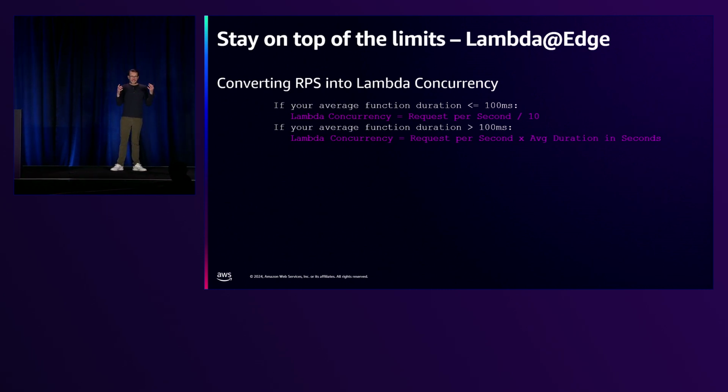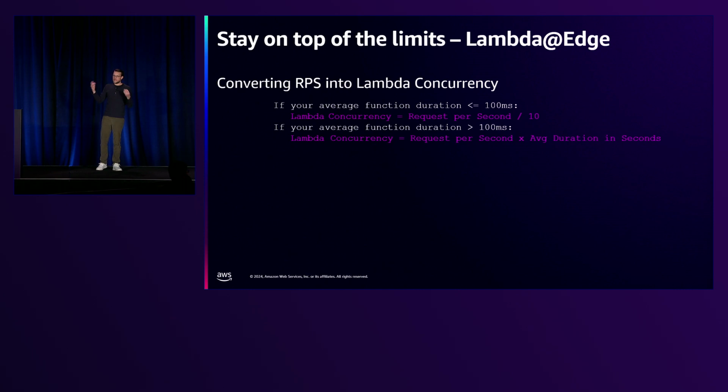So to get to 10 requests per second in an instance, my function needs to run at 100 milliseconds or less, right? 100 milliseconds times 10 is 1 second. So the magic number to convert between requests per second and concurrency is 100 milliseconds.